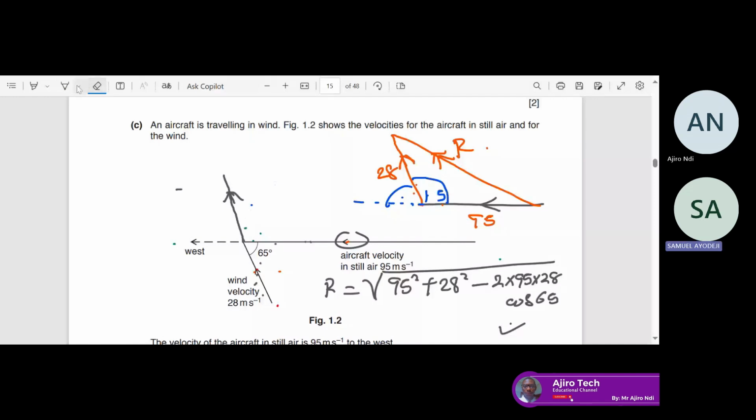Yes, 115. So this will now be 115 here. I didn't even see. So it's 115 that will be here. Fine.